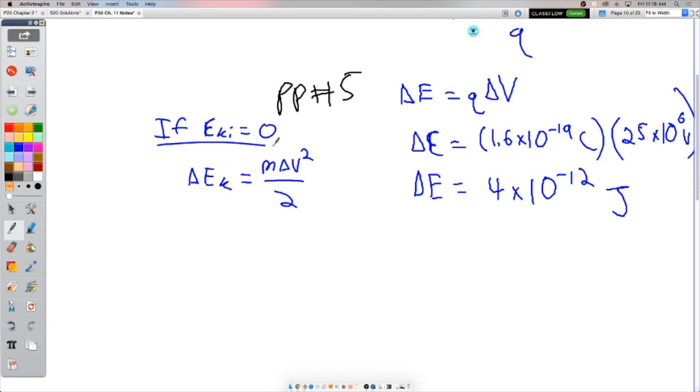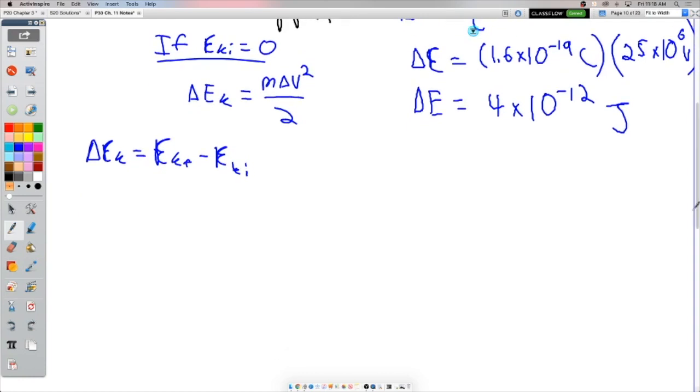So we are going to make that assumption, but I should have said that we were making that assumption. The reason that doesn't work is, imagine we're saying any change in EK is equal to m times any change in v squared. So that's EKF minus EKI, the final kinetic energy minus the initial kinetic energy. Imagine I had said mVF squared over 2 minus mVI squared over 2, or 1/2, whichever one you like better.